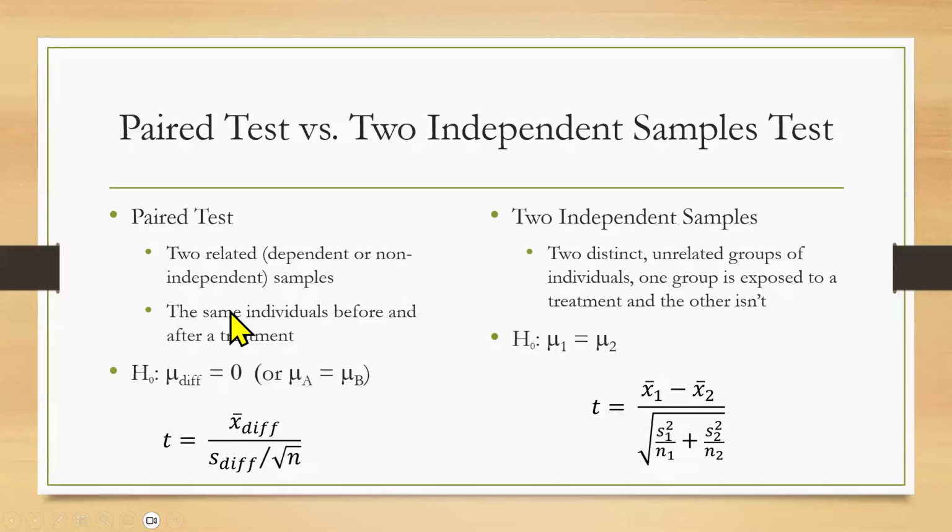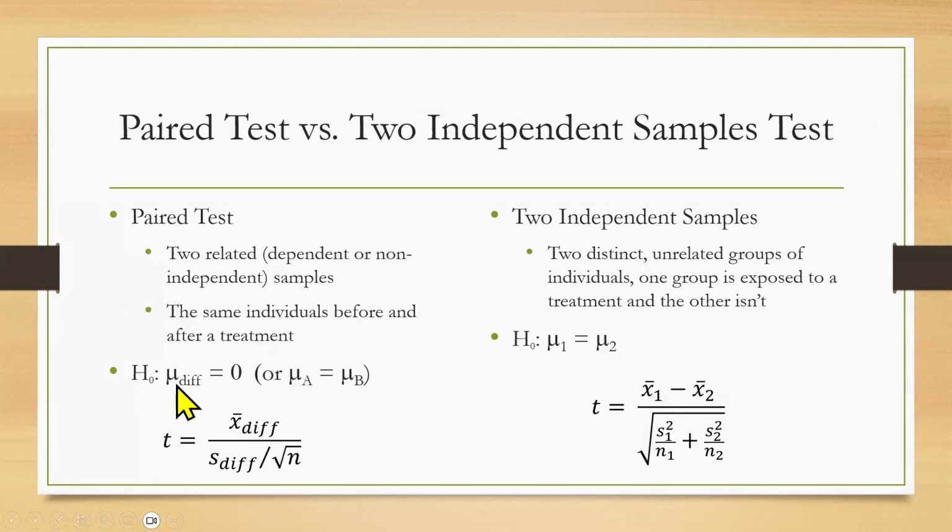So for the summary, the paired test has two related, dependent, or non-independent samples, or one sample that we measure twice, right? We have the same individuals or related individuals that we're going to measure. And we have two ways to write our null hypothesis.